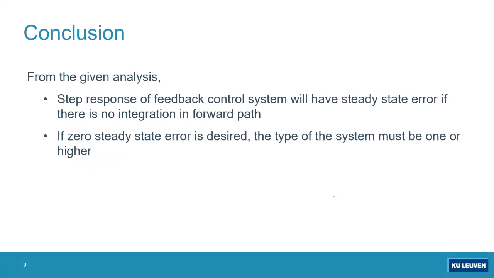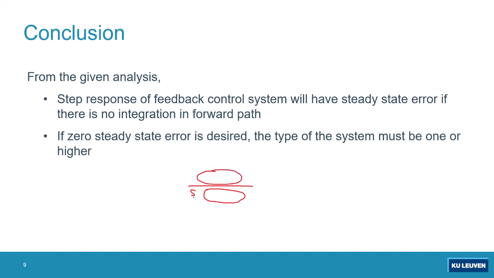To conclude, from the given analysis, the step response of feedback control systems, in particular unity feedback systems, will have a steady state error if there is no integration in the forward path. What I mean by no integration is a system that has no s part in the denominator, right?